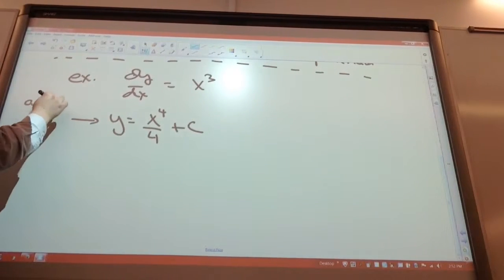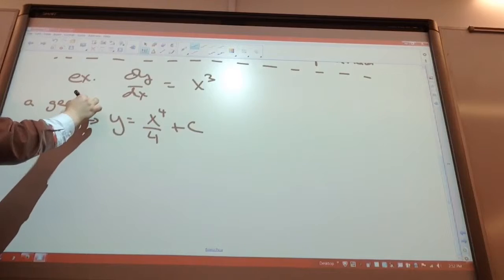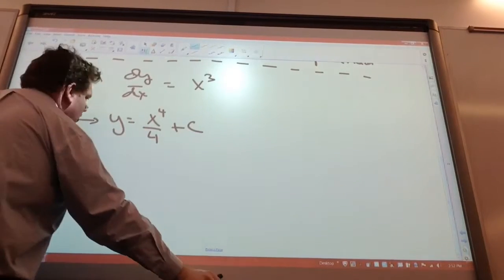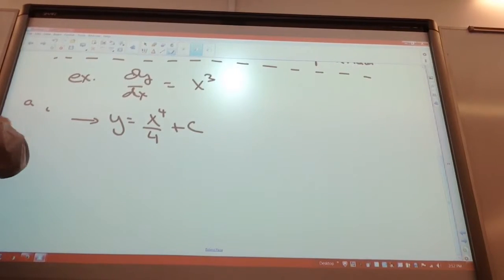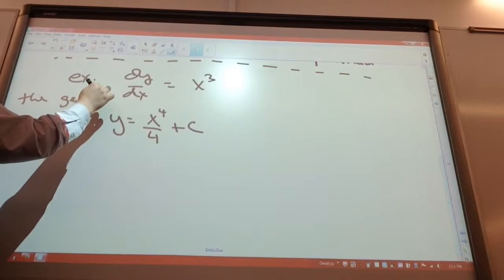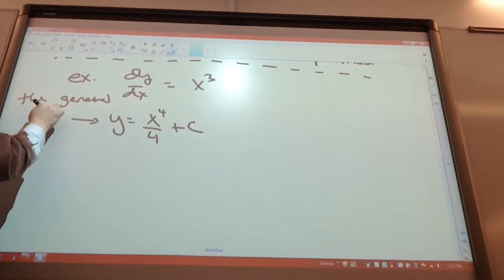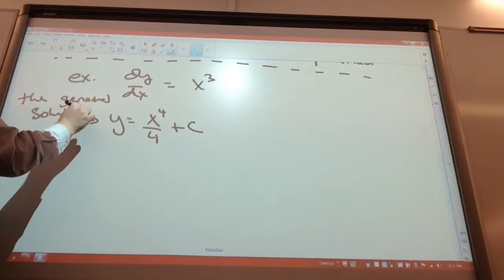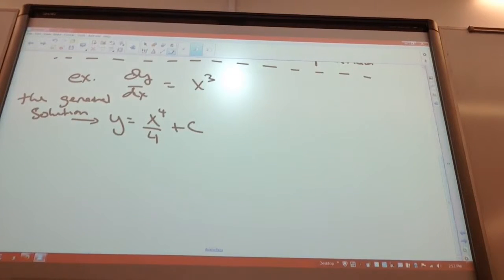This is a general solution, because my constant c is not defined. Any constant out there could be the case.